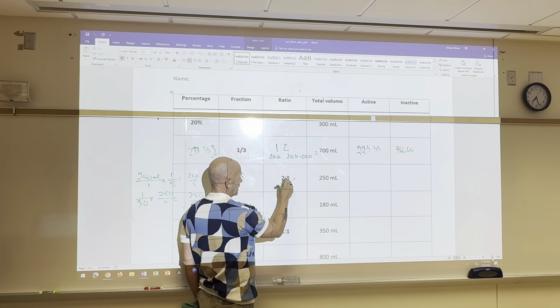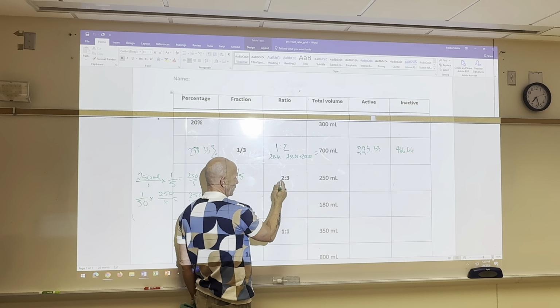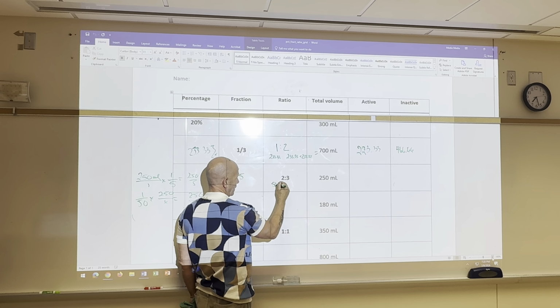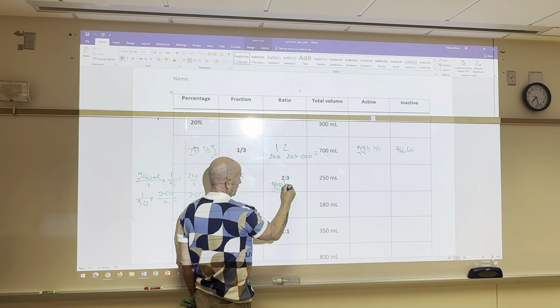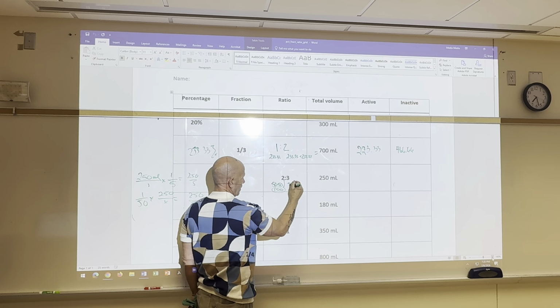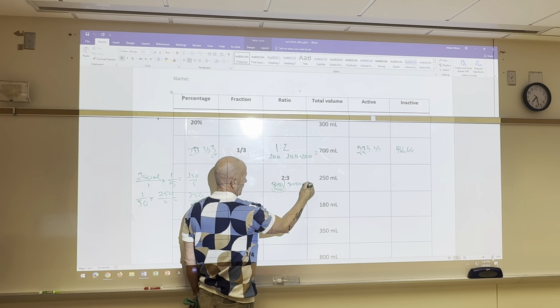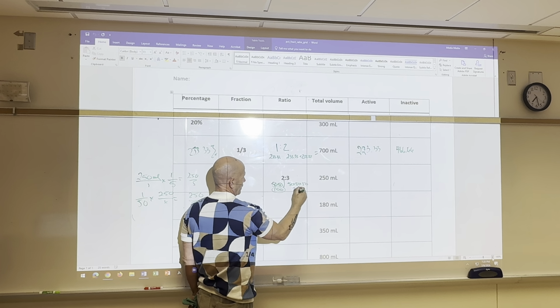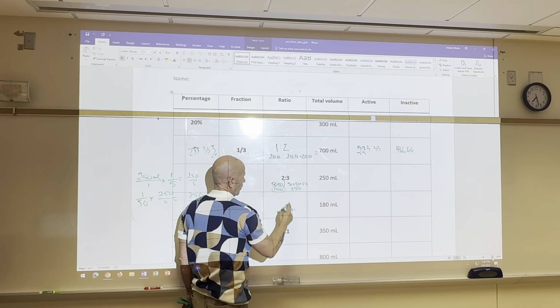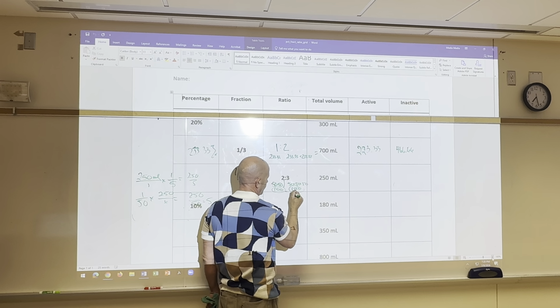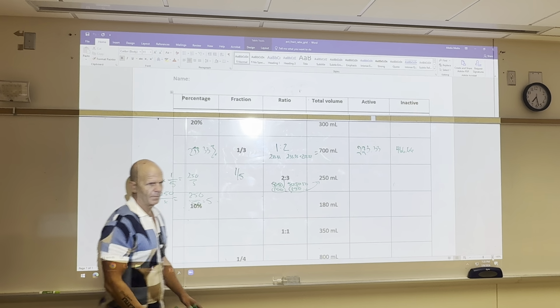This is 2 and 3, that's 5, right? The total is going to be 250, so we know that two of these are 50. 50 plus 50 is 100. That's this part. 50 plus 50 plus 50 equals 150. What do you get when you pull that together? 250.